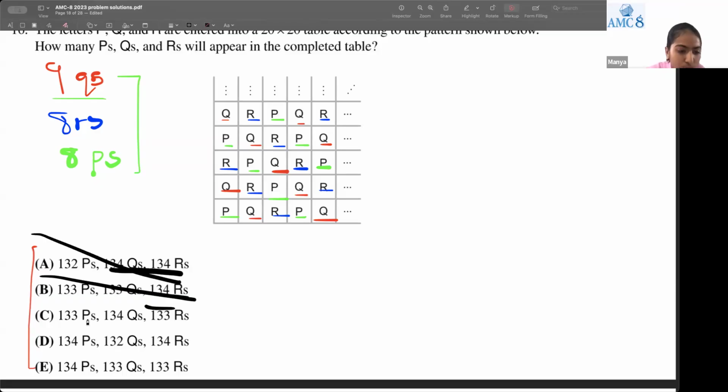Here in C, there's one more Q than P's and R's, which can be the answer. I'll just put a check mark here. For D, there's two less Q's than P's and R's, which is not the answer. And for E, there's one more P than Q's and R's, which cannot be the answer either. And so by using elimination, we found out that the answer choice must be C.